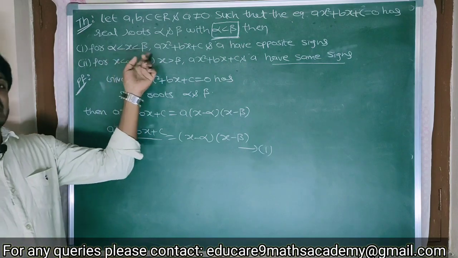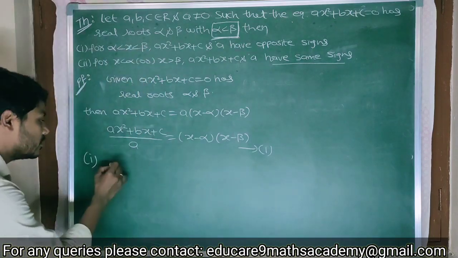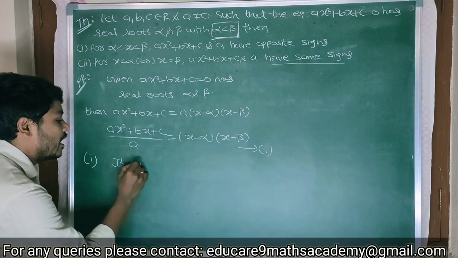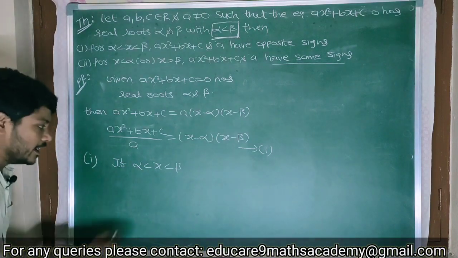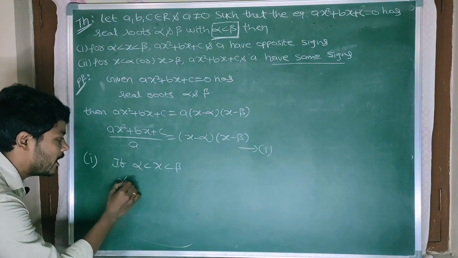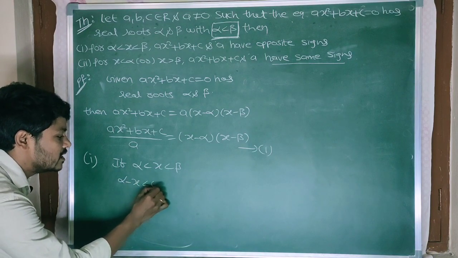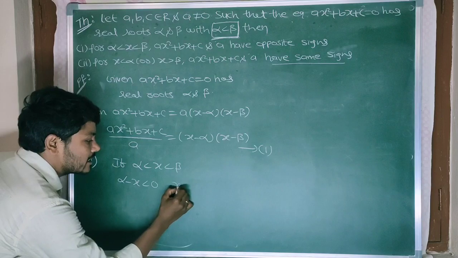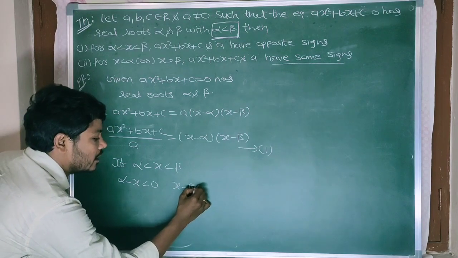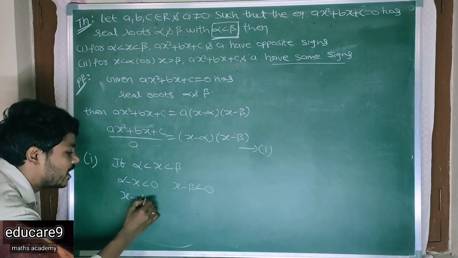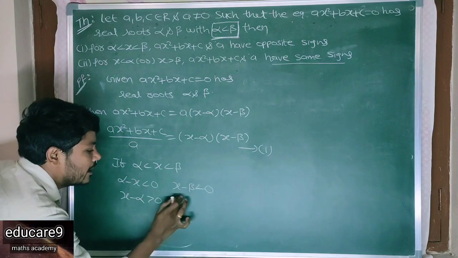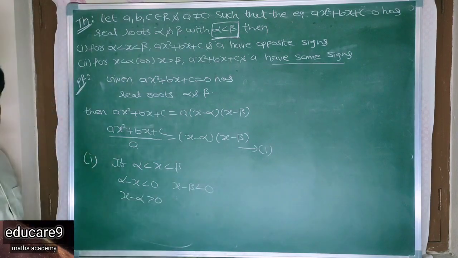For alpha less than x less than beta, that means alpha minus x is less than 0, and x minus beta is less than 0. So from this, x minus alpha is positive and x minus beta is negative.